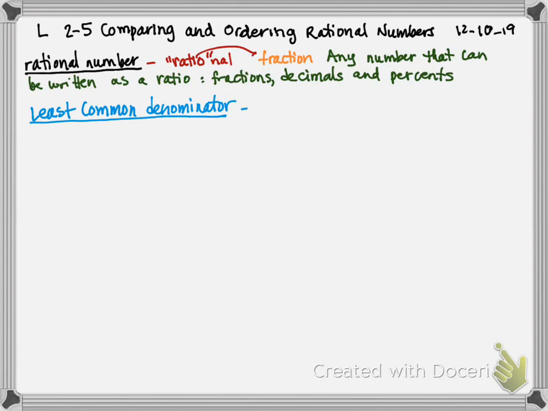And so a least common denominator is specifically looking at the denominators of some fractions. So it is the least common multiple of the denominators of two or more fractions.